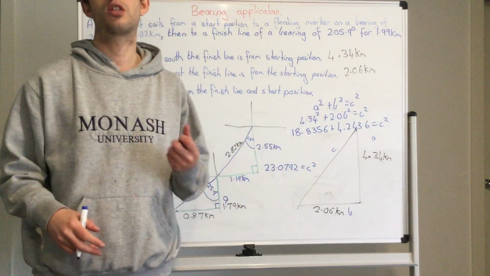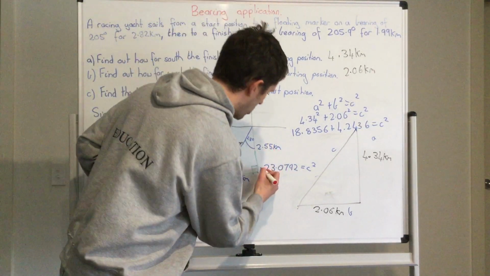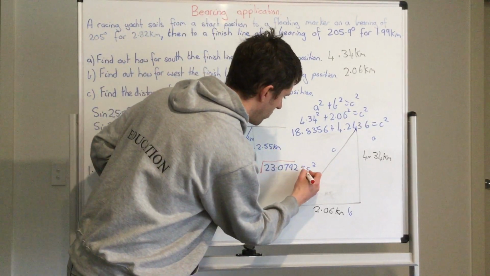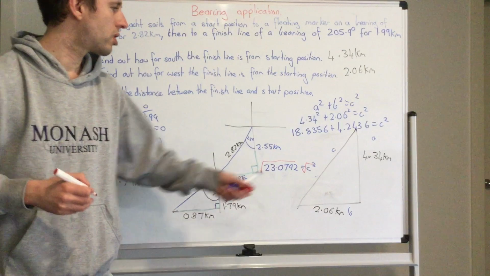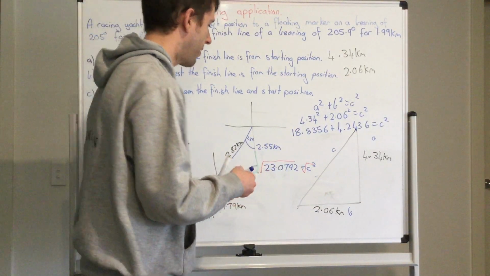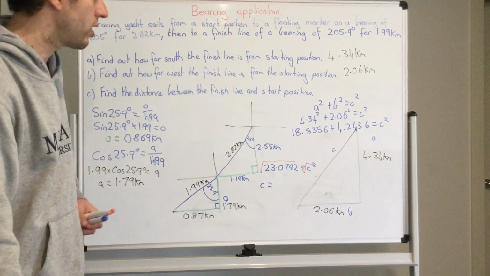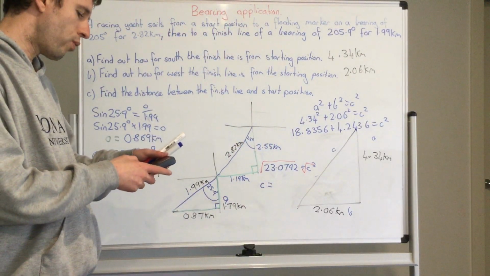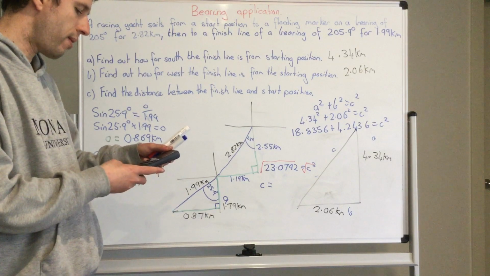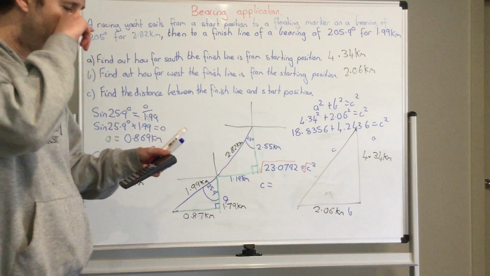What's the opposite of squared? Square root. So if I do a square root on both sides, the square is cancelled out. And then I can find out what c is equal to. So let's have a go. The square root of 23.0792.